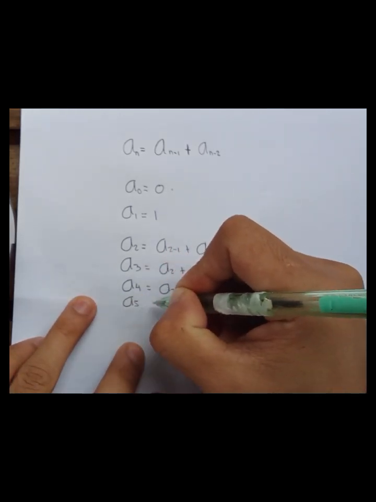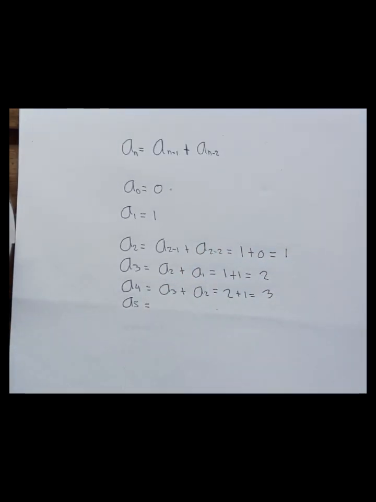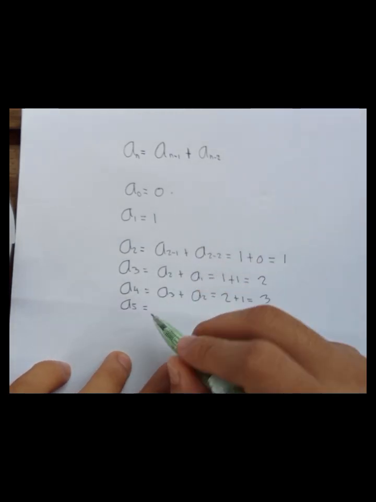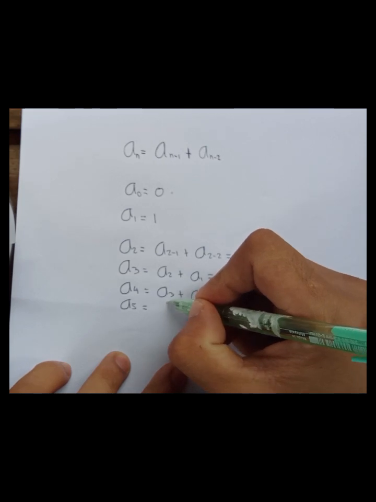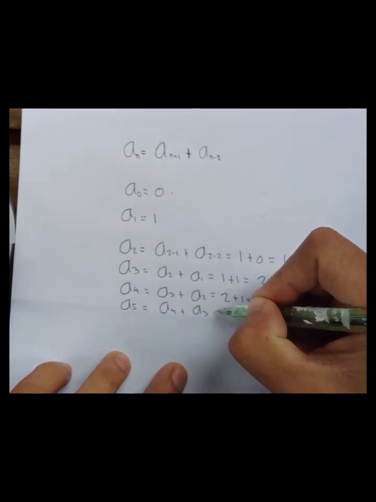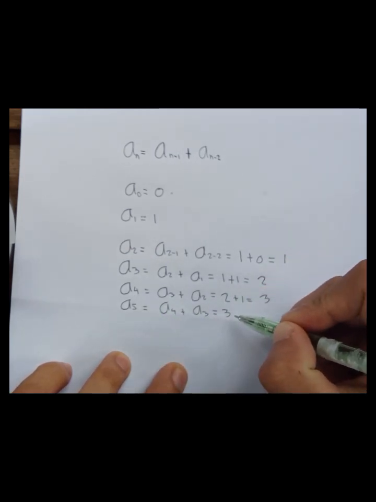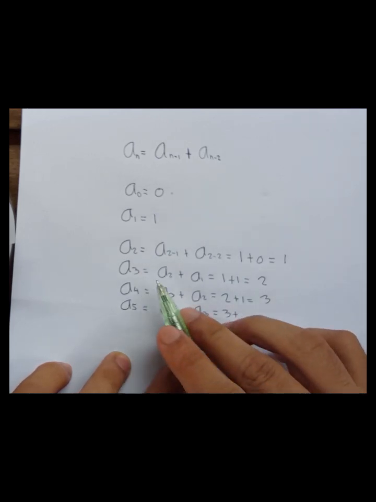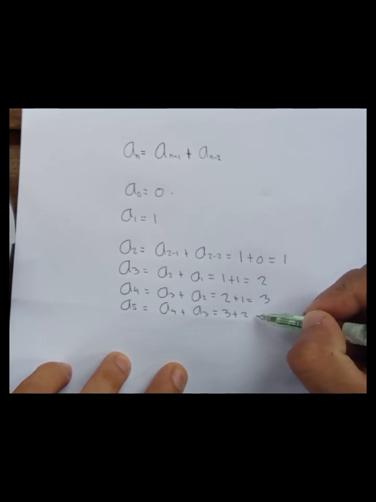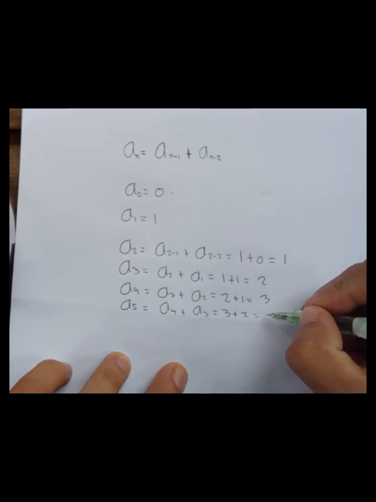Lastly, a sub 5. To thoroughly understand the concept, just follow the steps. So the number before it is a sub 4 plus a sub 3. a sub 4 is equal to 3, so we substitute 3 here, and a sub 3 is equal to 2, so we substitute 2, which is equal to 5.